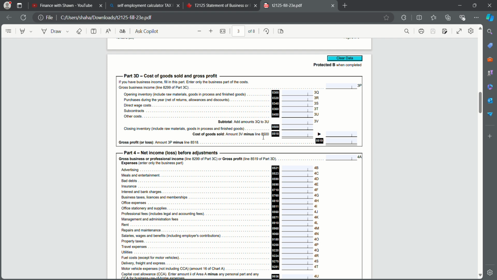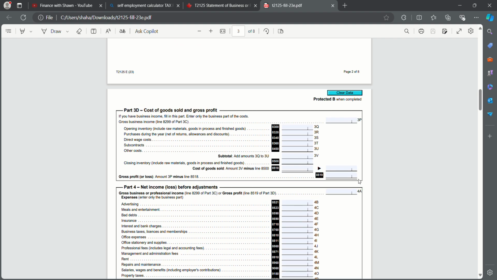And then your purchases during the year, direct wage costs, subcontracts, other costs will go in here, and you'll get a calculation of your closing inventory. And obviously the cost of goods sold minus that would give you your gross profit or loss for that particular case.